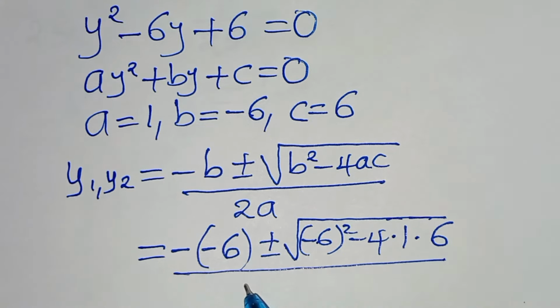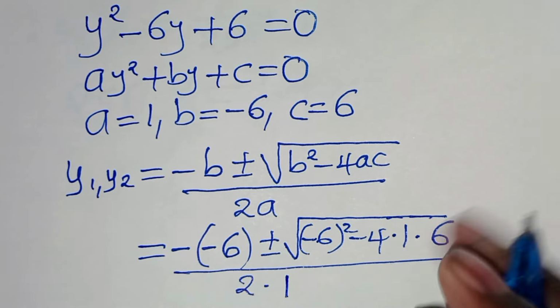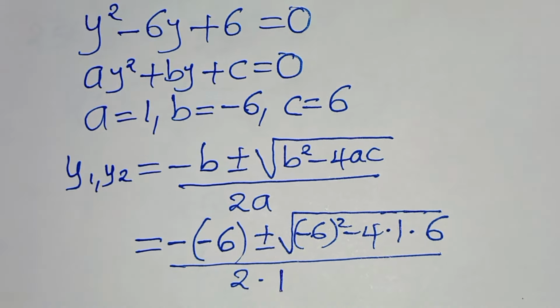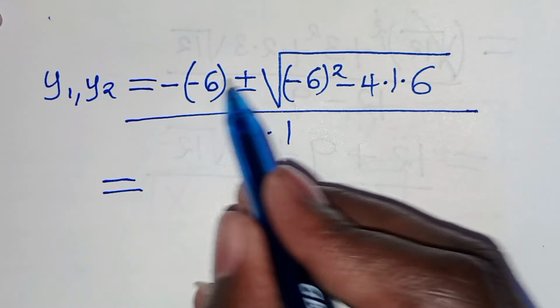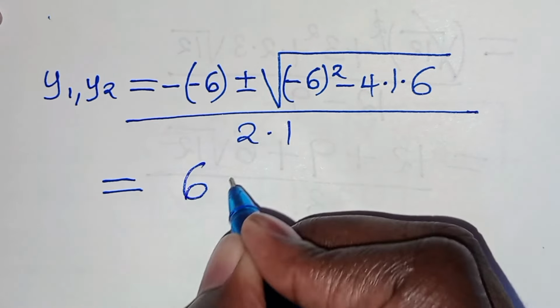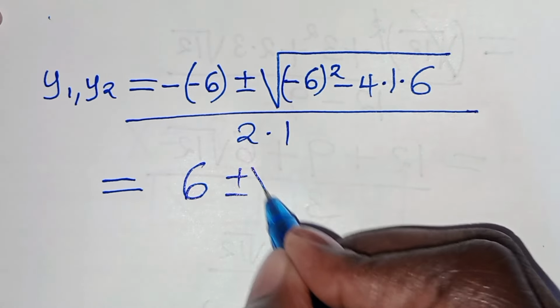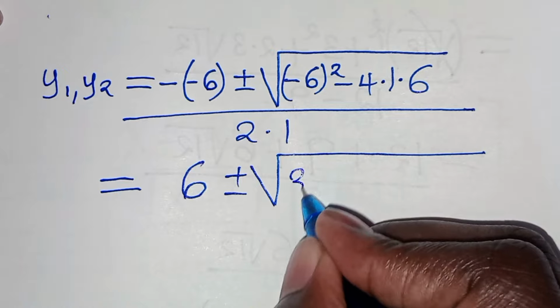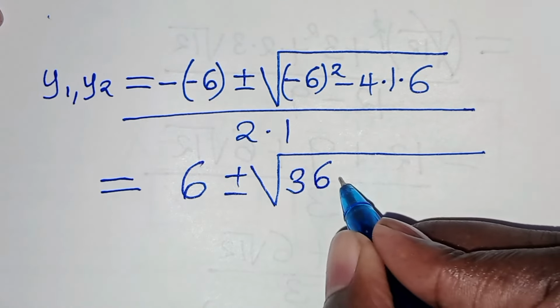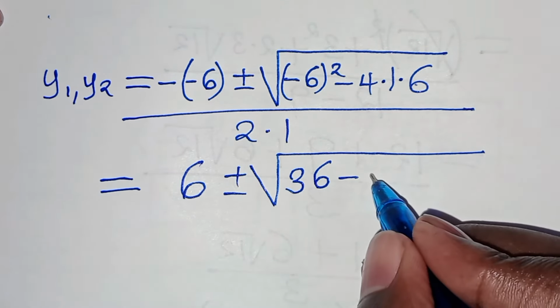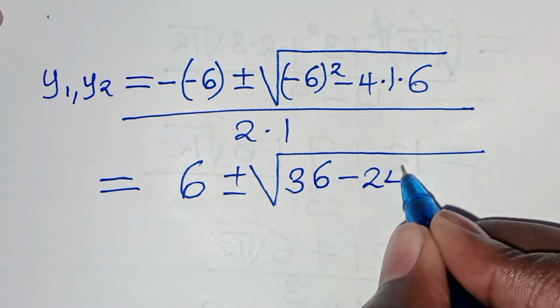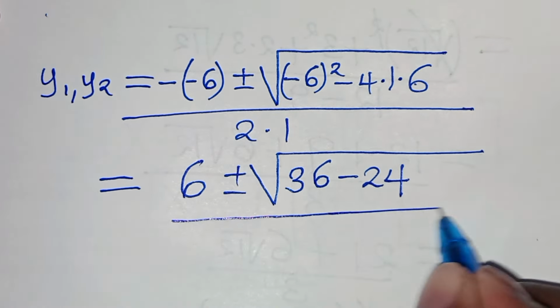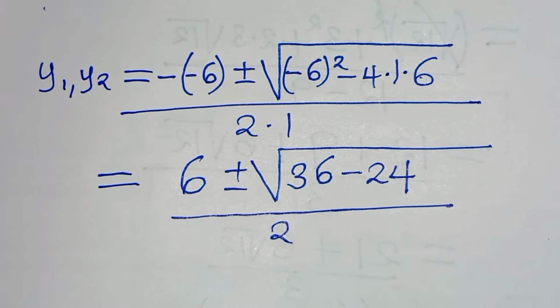Everything here divided by 2 times 1. So here we have minus times minus 6, this is equal to 6, then plus or minus the square root of minus 6 squared, this is equal to 36, subtract 6 times 4 here, this is actually equal to 24, everything here divided by 2.